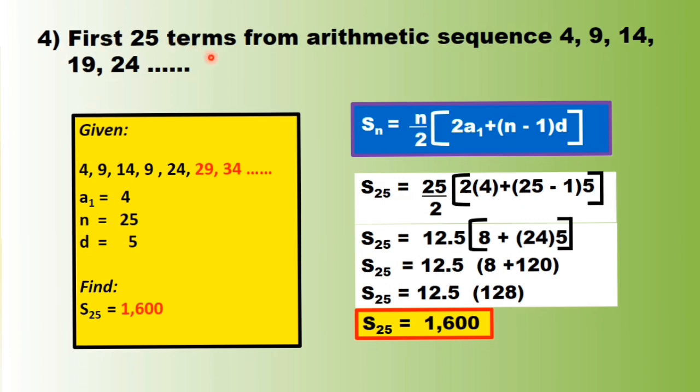First 25 terms from arithmetic sequence 4, 9, 14, 19, 24. So these are the given. First term is 4, or the a sub 1 is 4. Number of terms is 25, and the common difference, 9 minus 4 equals 5.